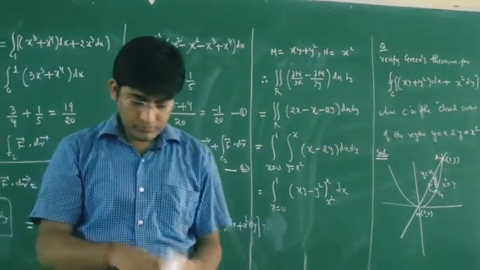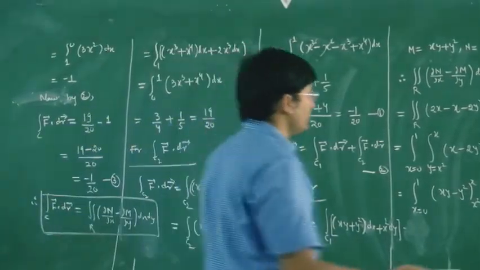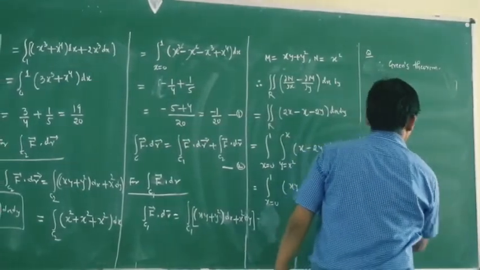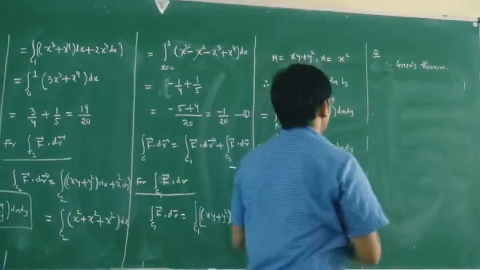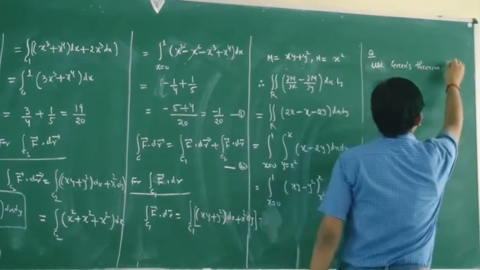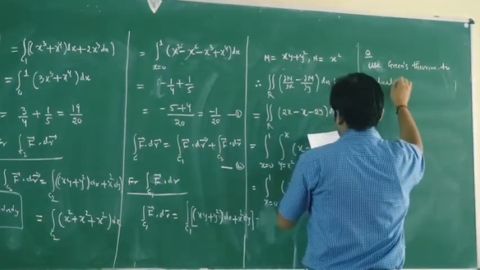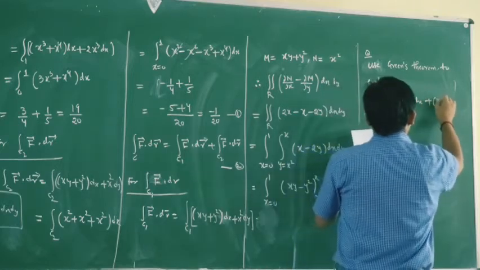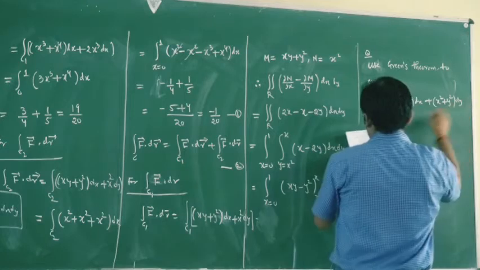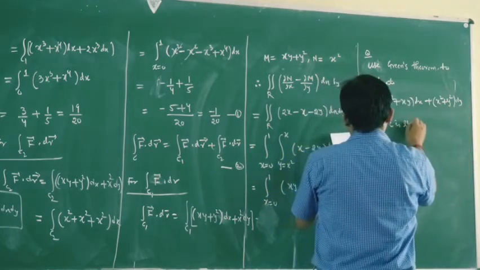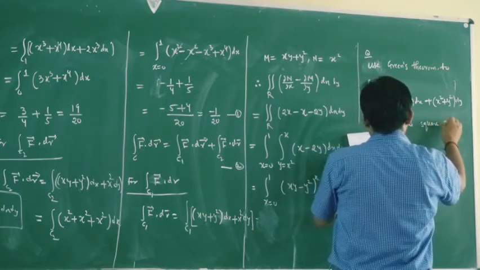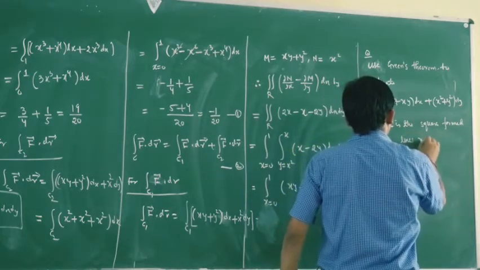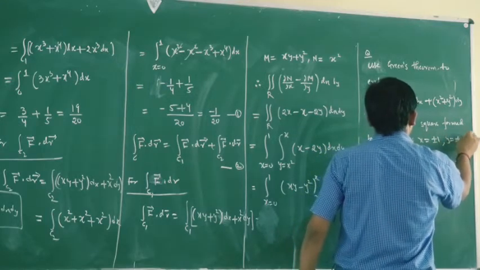Now let us use the Green's theorem to evaluate the integral over C of (x square plus xy) dx plus (x square plus y square) dy, where C is the square formed by the lines x equal to plus minus 1, y equal to plus minus 1.